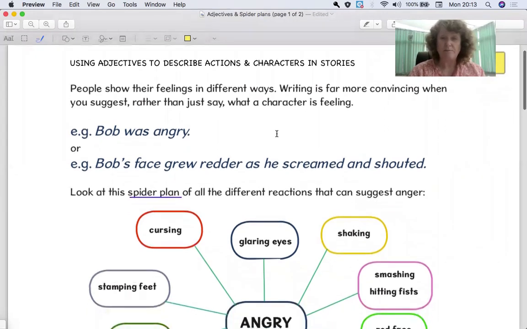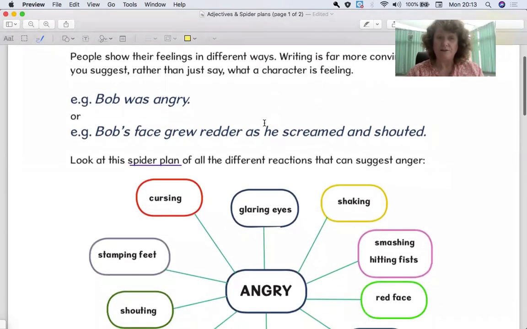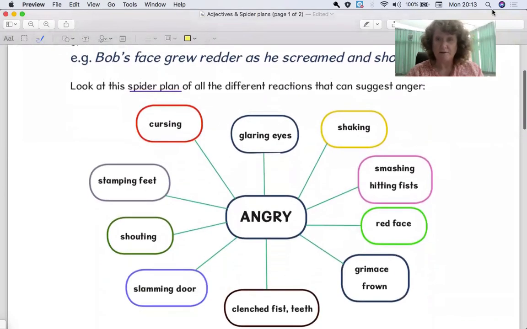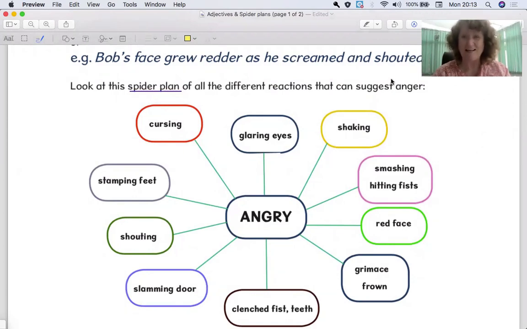So we're going to think about that in relation to how somebody is feeling. So instead of saying Bob was angry, we're going to say this. Bob's face grew redder as he screamed and shouted. So that describes his feeling a lot more.